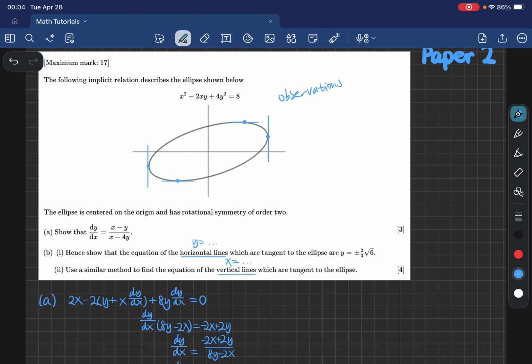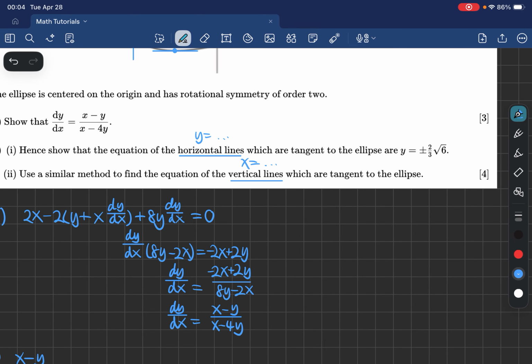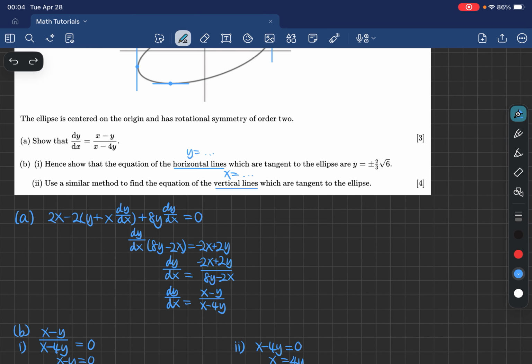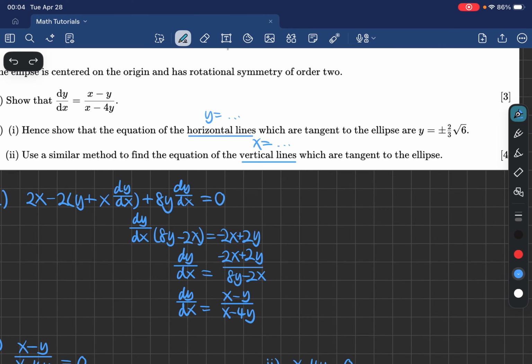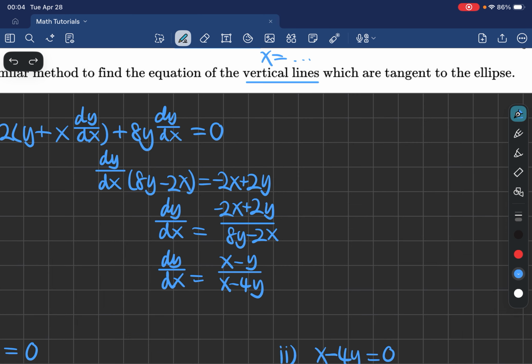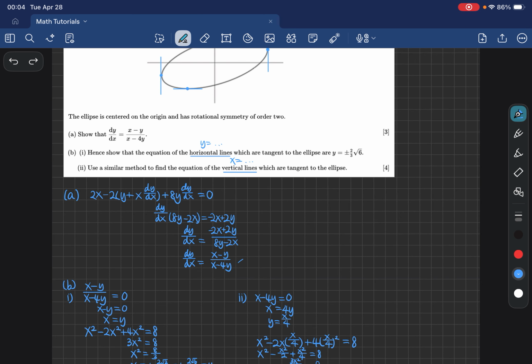So it is 8y times dy over dx, right? And then remember, the derivative of a constant 8 is just 0. So you have this. And let's pull out dy over dx, move the other things to one side, simplify, and just make sure the final answer looks like what's given here.